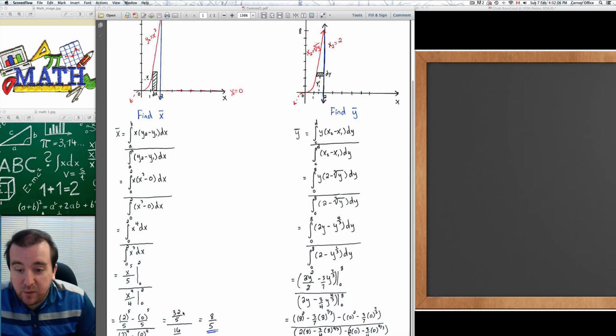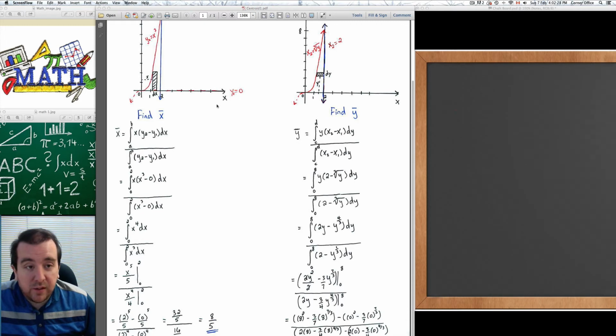So on the top here we get, when we do this math, 2 to the power of 5 is 32 divided by 5, and divided by 2 to the power of 4 divided by 4, we get 32 over 5 divided by 16 over 4. Now if you're wondering where the 8 over 5 comes from, let's take a look over here.